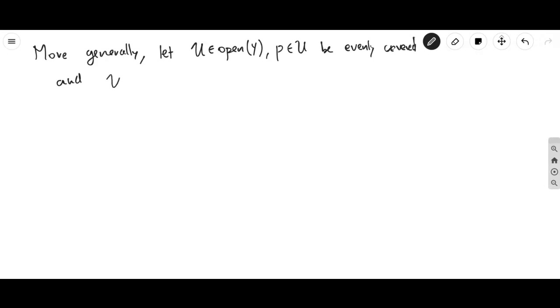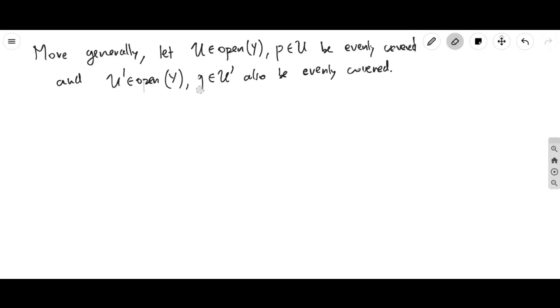And let's say U prime, open in Y, which contains the other point, also be evenly covered. So now we are assuming that you have two different evenly covered neighborhoods around P and Q.